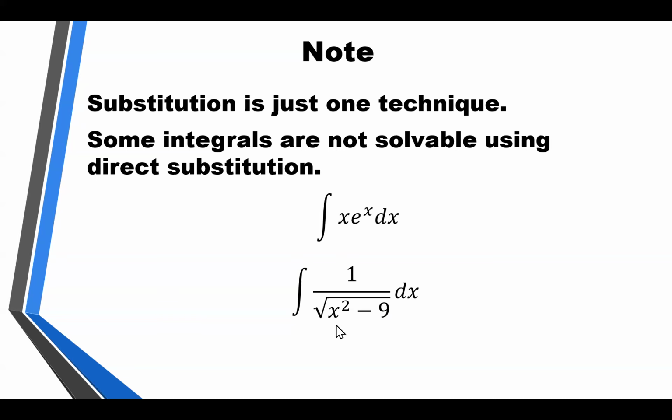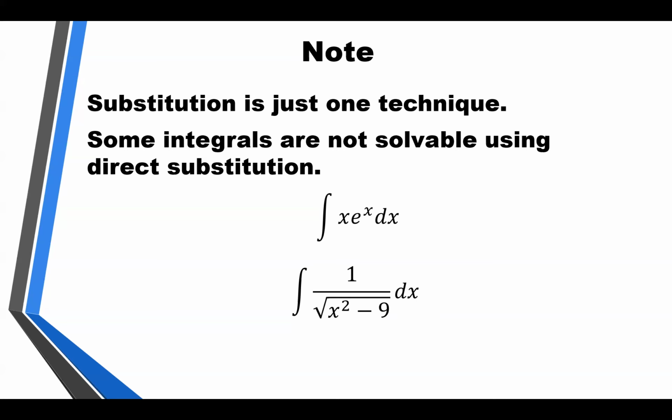And if I try to use u equals x squared minus 9, it'd turn out I'd get 1 over the square root of u, but then I'd have to do a differential exchange, and I need another x to do a differential exchange. So the x's wouldn't work out in that one.